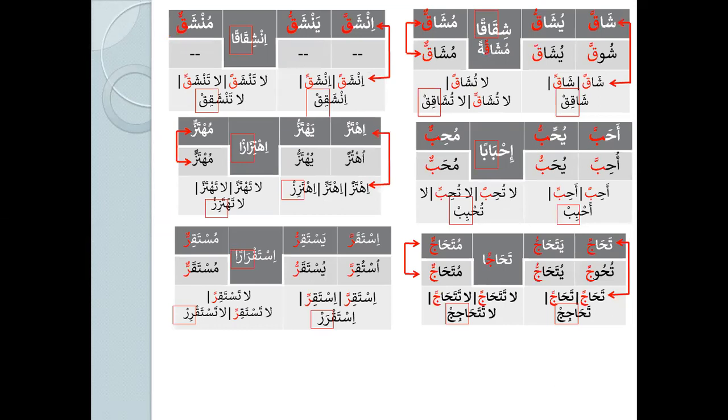In these, if you can see, most of them have madi and fail amr looking the same. Most of them have ism fail and ism maful looking the same. Not all of them, but you can say half of them have the same issue. Also, you see the fusion of the letters everywhere, and you see the split in the third variation of fail amr and fail nahi. So in a nutshell, this is how the irregularities in the big families look.